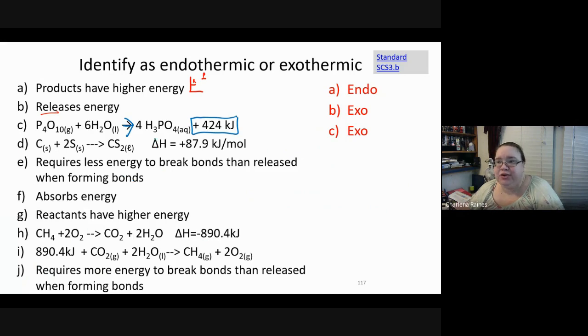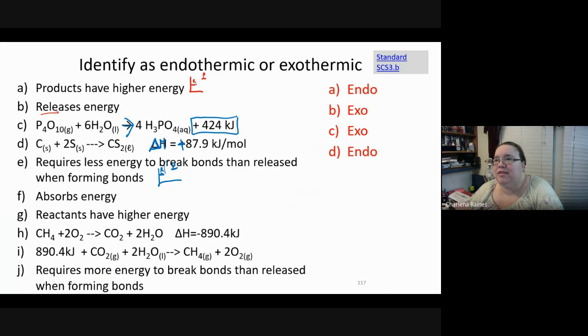For D, we're showing a delta H value. And if that delta H is positive, it means we input energy. So if we input energy, it is an endothermic chemical reaction. For E, if it requires less energy to break the bonds than released when forming the bonds, that means my products are lower than my reactants.